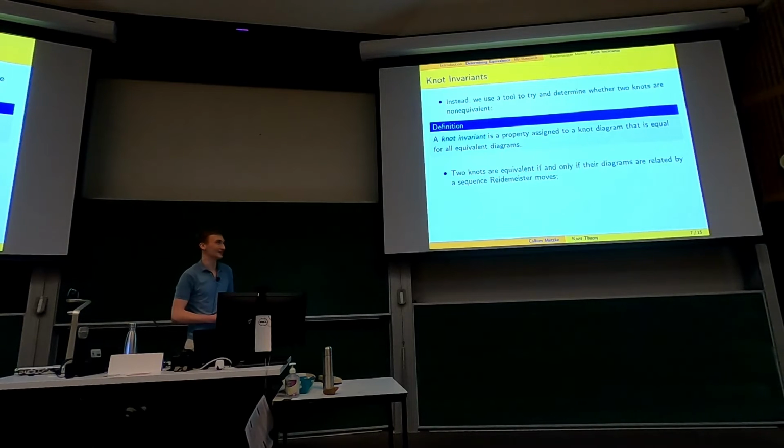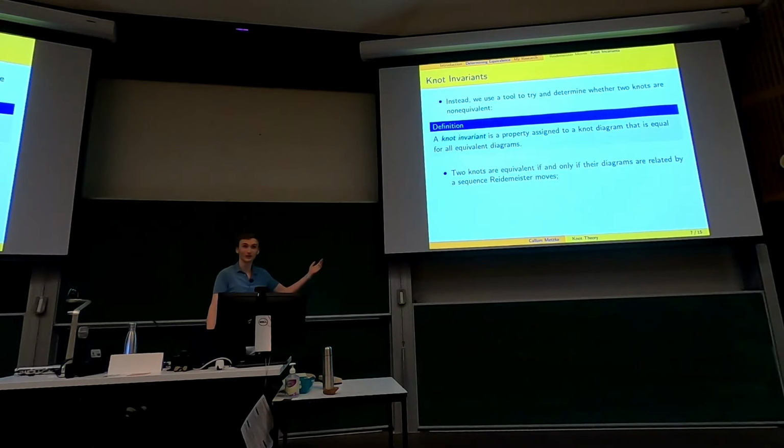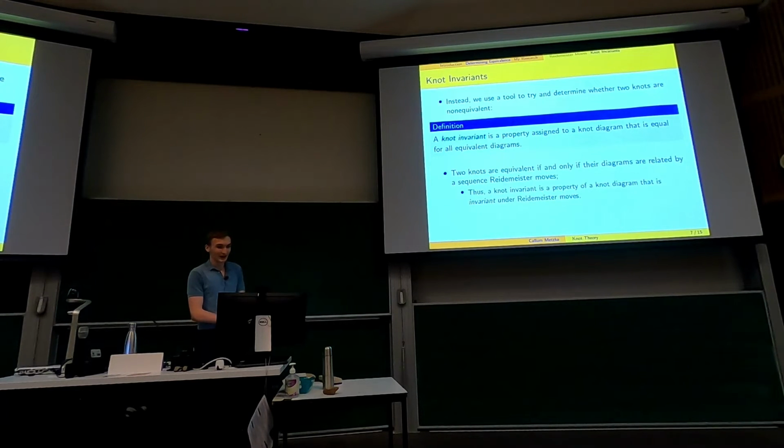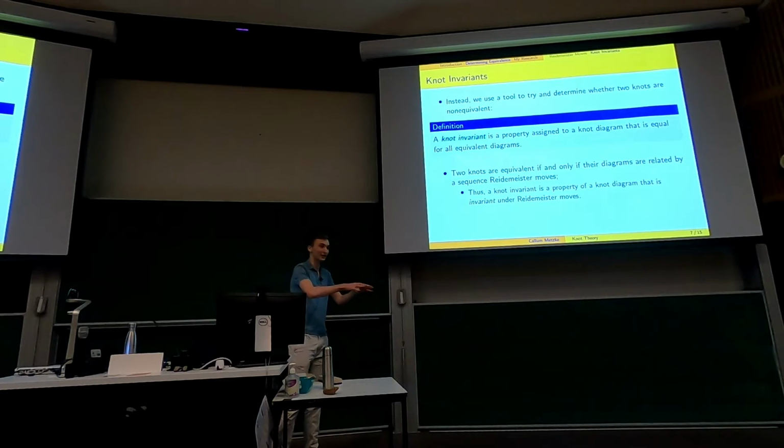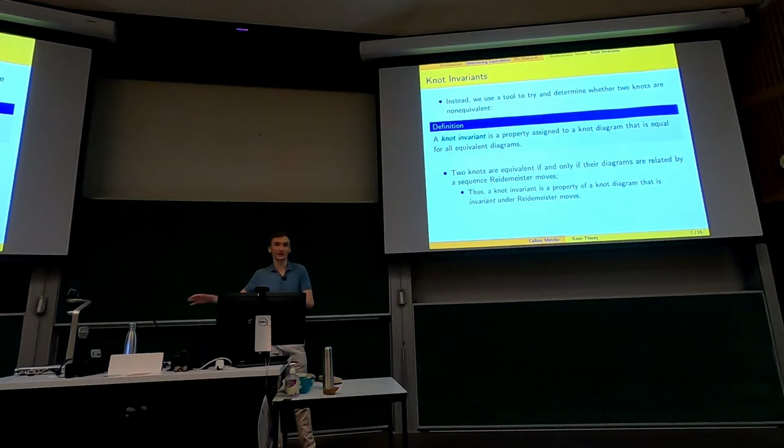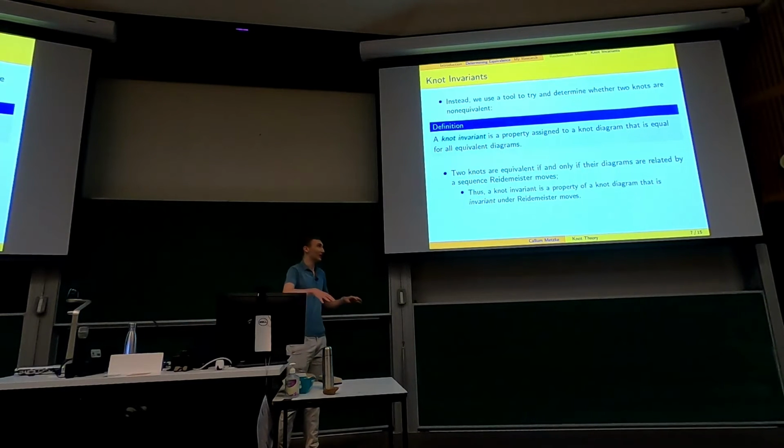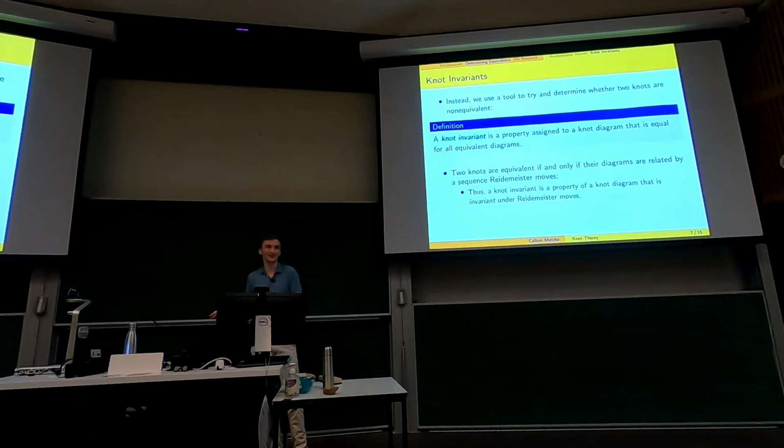Because what that allows us to do, we know that two knots are equivalent if and only if the diagrams are related by Reidemeister moves. That's saying that a knot invariant is a property of a knot diagram, which says that any equivalent diagram has the same knot invariant. All knots equivalent to a happy knot are also happy.